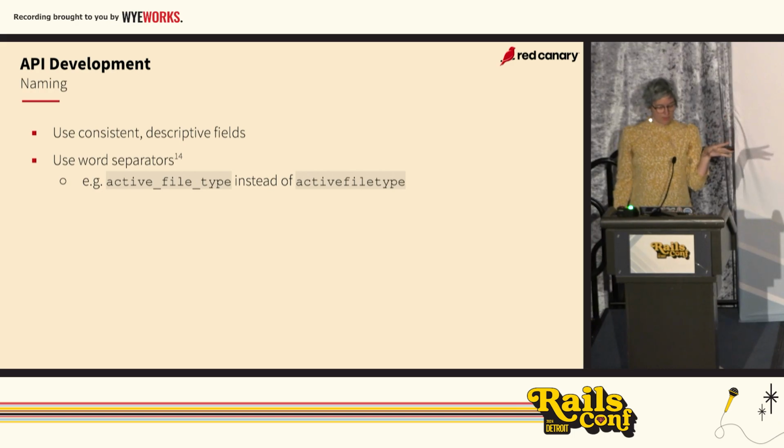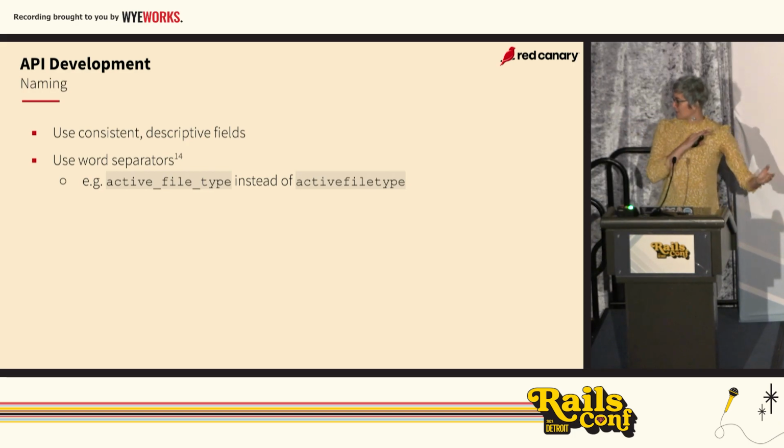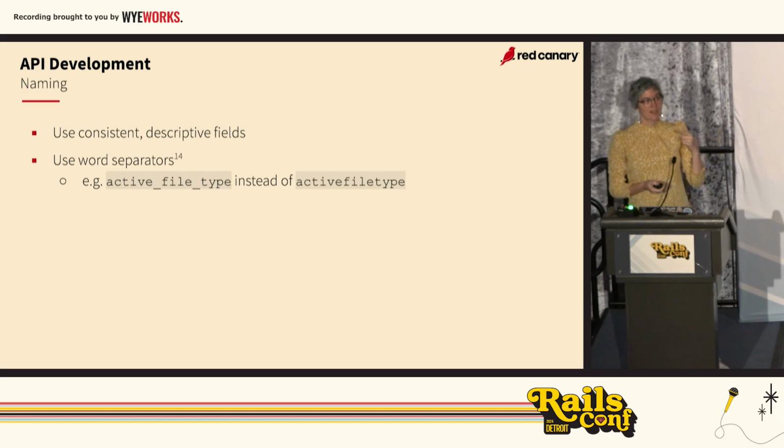Using underscores instead of just mashing it together, right? Not only for screen readers, but also it's just easier for us looking at this to read, right? Active underscore file underscore type. They're actual words instead of "active filetep," which is actually how my brain tries to read that. These also aren't just for screen readers, right? This is just for people in general.